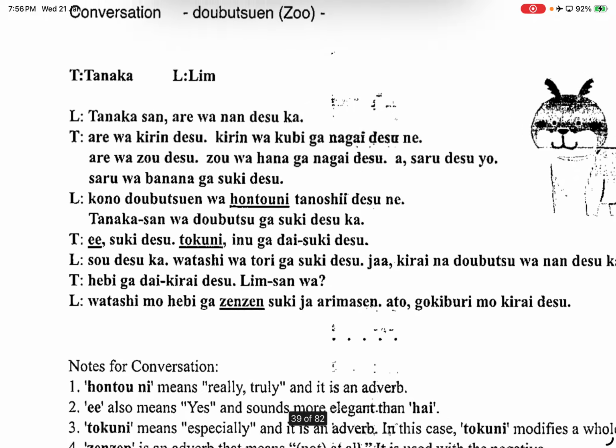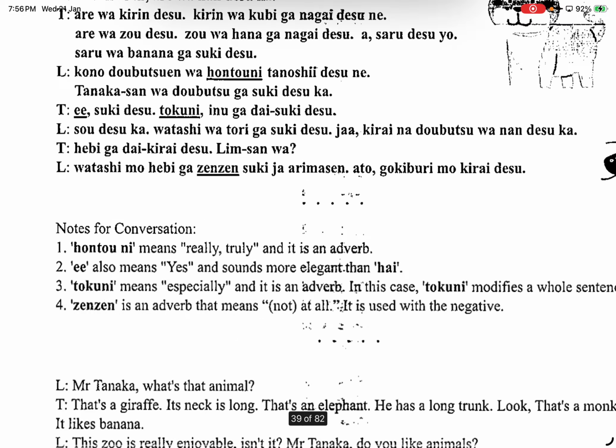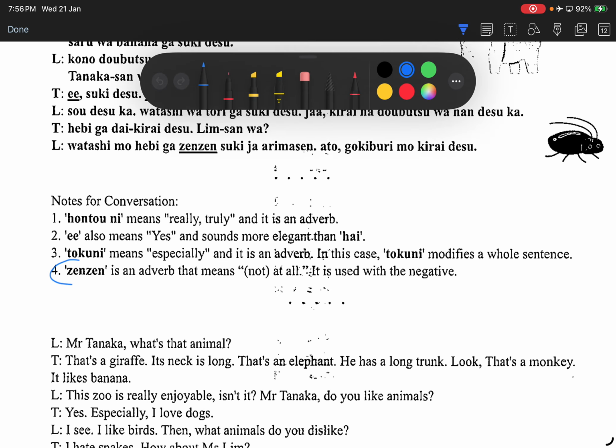Right? So in our conversation lesson 5, do you see this guy over here? Zenzen is an adverb that means not at all. Right? So we learn a lot of adverbs. So this is one of it.